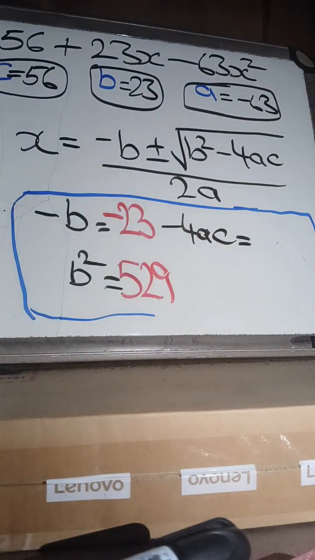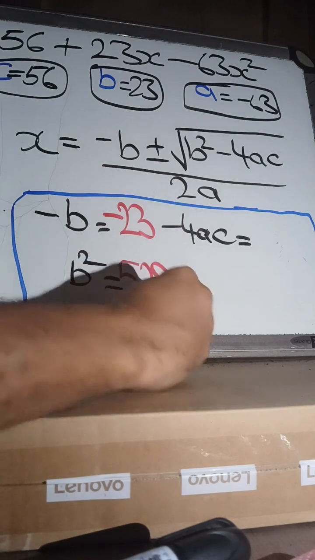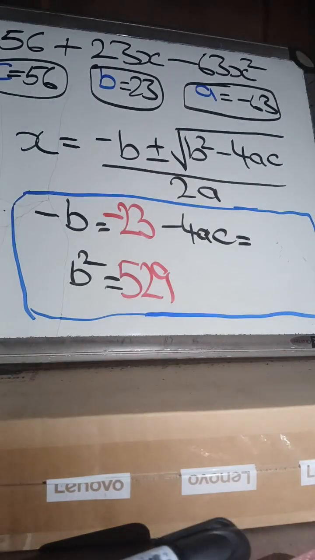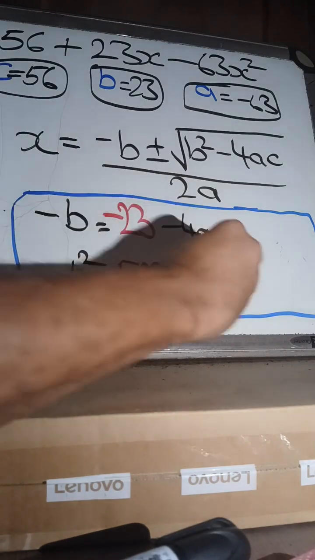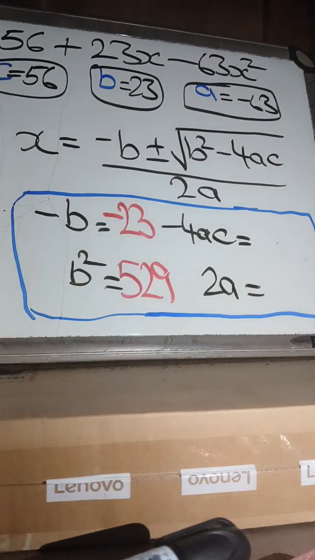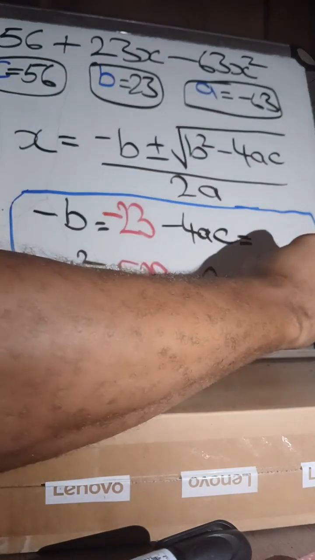Yeah? So we move this border back, and then I put back the 2A right here. And then what is A? A is minus 63. So 63 plus 63, 126. So it will be minus 126.